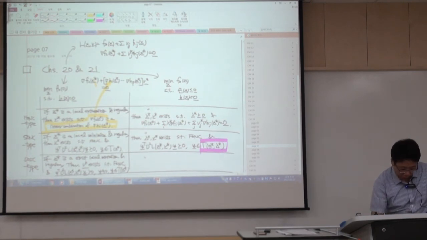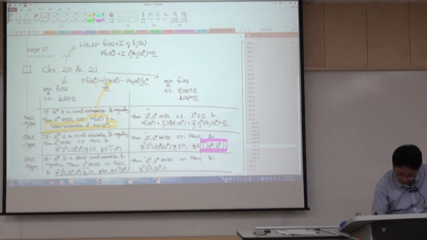And here you have a strict local minimizer part. Then lambda star, nu star exist such that the first order necessary conditions are met and y transpose Hessian of L at x star, lambda star, nu star, y is greater than 0 for y non-zero and y in the tangent space.